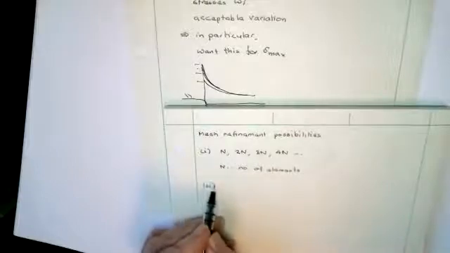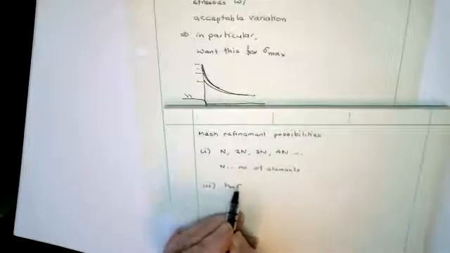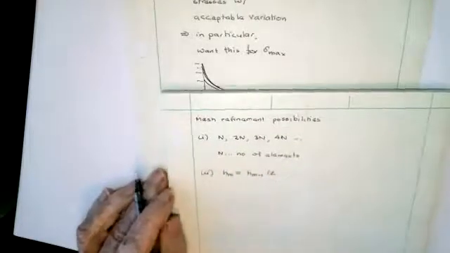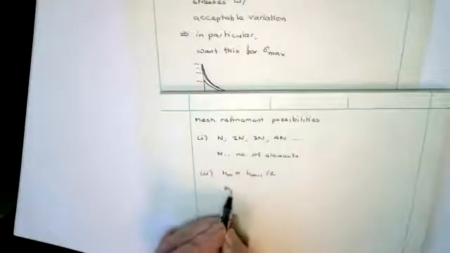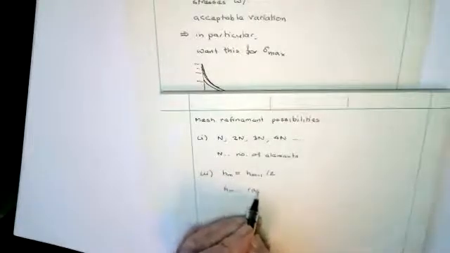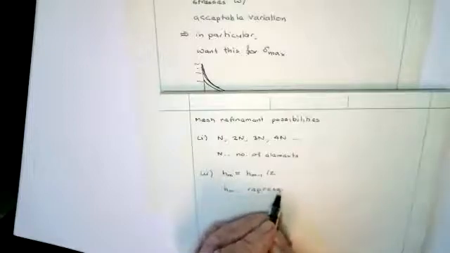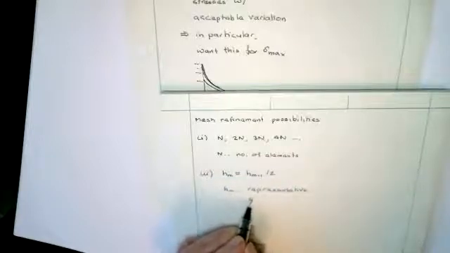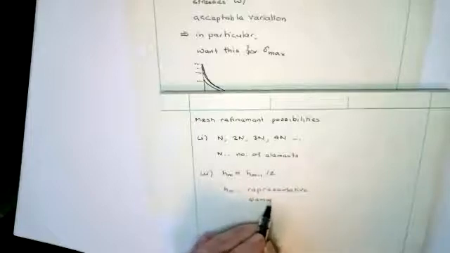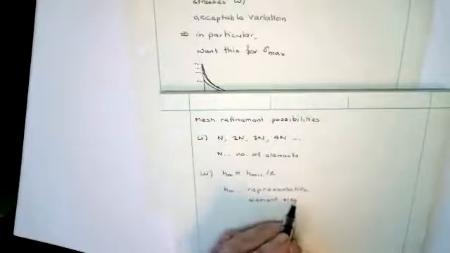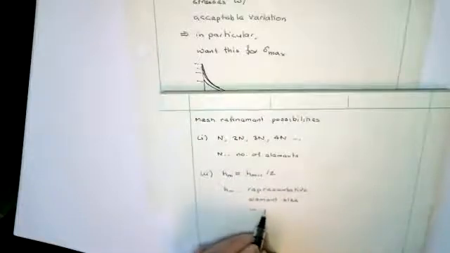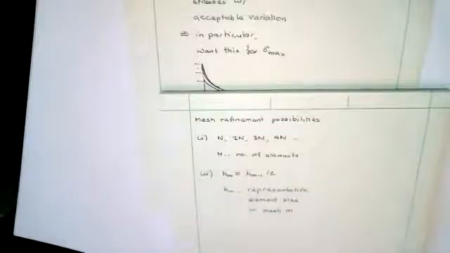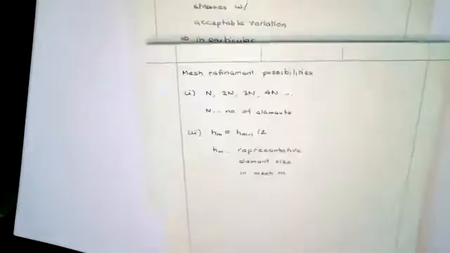There's a second scheme, where h_m is the representative element size in mesh m. But let me show you how the second one works.